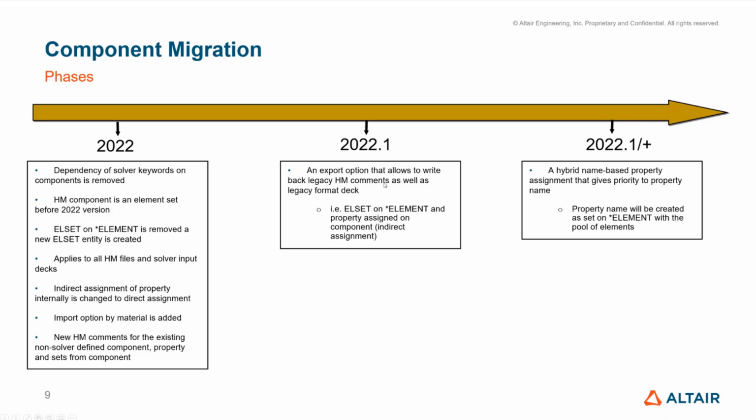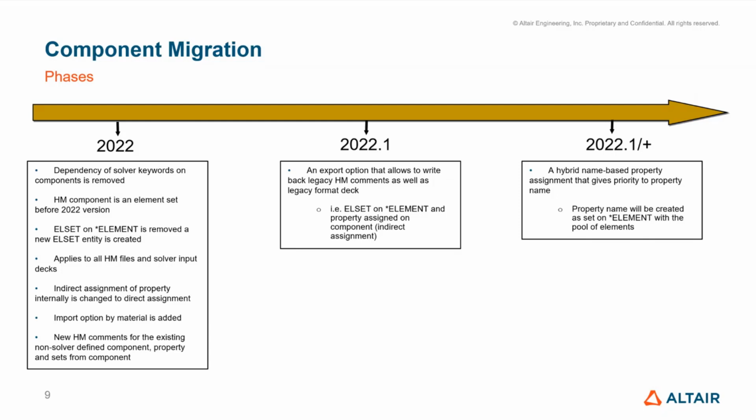As phase two, which is in 2021.2.1, this particular development is already in QA and should merge soon, wherein we are going to support the legacy HM commons. If you are importing a 2022 deck, which has been modified based on the component migration, some users might still want to have the legacy session, the legacy commons, and the legacy way of dealing with the decks in the Abaqus interface.